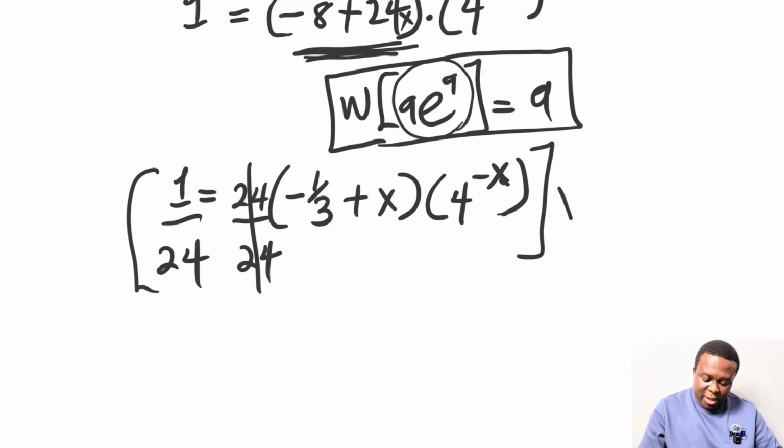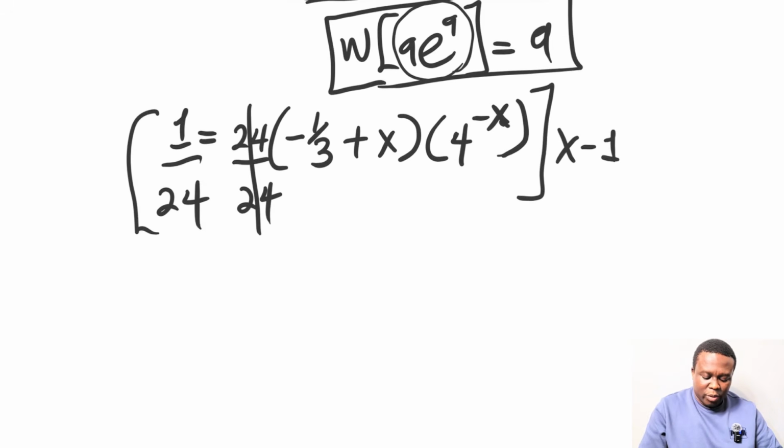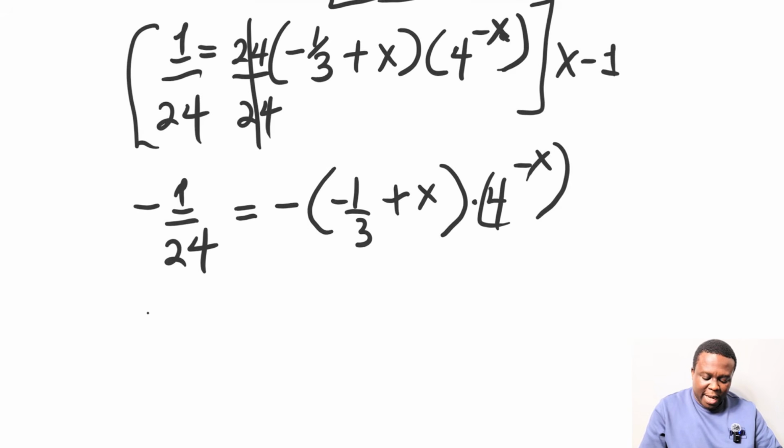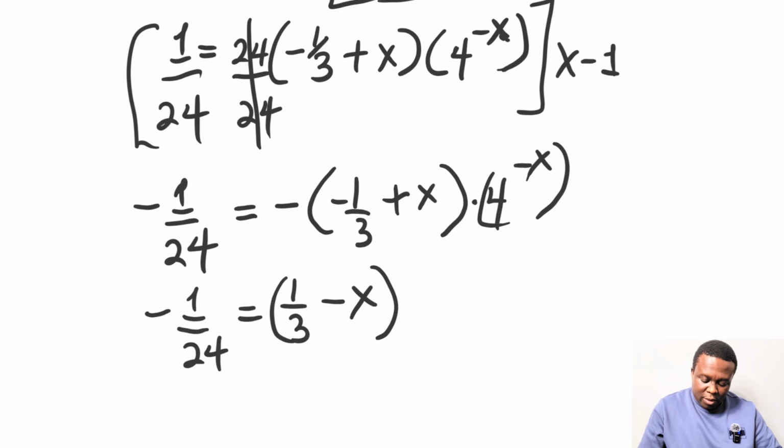So we have minus 1 over 24 is equal to minus 1 over 3 plus x, times 4 raised to the power minus x. So if we multiply out the first parenthesis, it becomes 1 over 3 minus x, times 4 raised to the power minus x. So now we have minus x and also minus x.